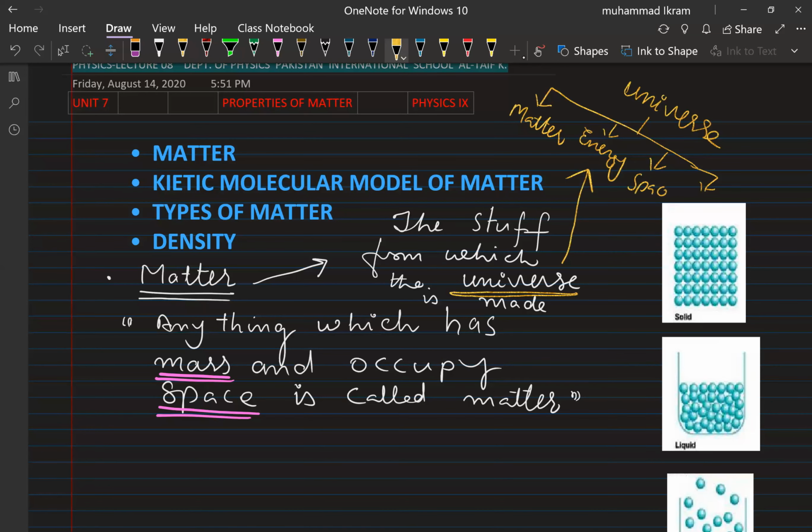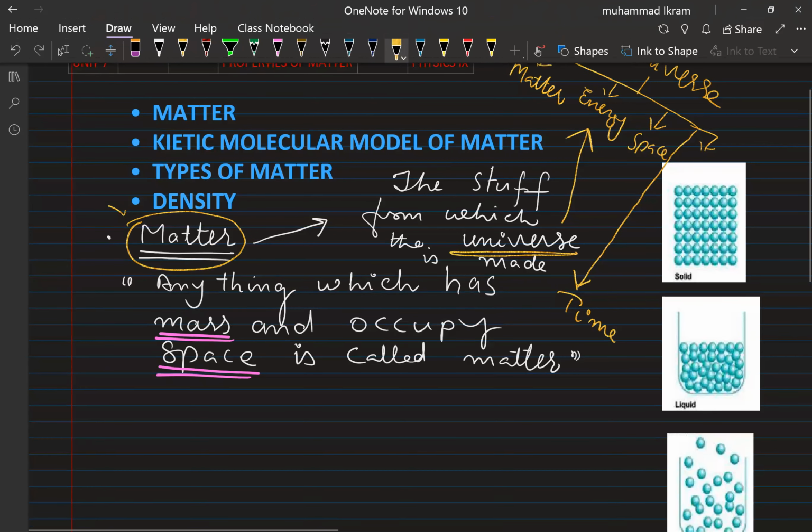You also know space is where the density of matter is very low, and time, and I explained about time to you during my classroom lecture also, that time is actually the duration elapsed between two events. So these four things together, matter, energy, and space-time, they form the universe. So matter is in fact one of the most important components of the universe.